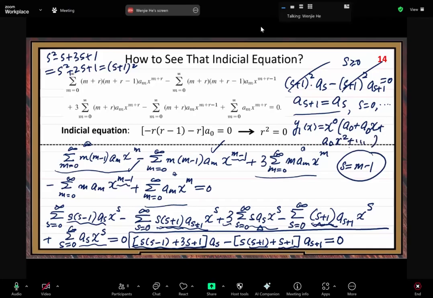If we factor out A0, is the inside just a geometric series? The geometric series, we know, is 1 over 1 minus x. Because for y1 we do not need to keep A0, we just need one solution, so 1 over 1 minus x is our y1.